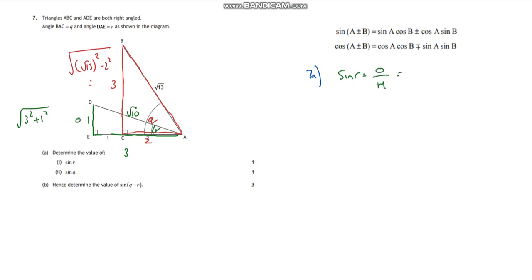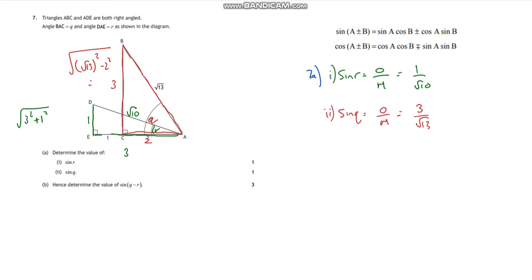So that opposite is 1, and the hypotenuse is root 10. So 1 over root 10, and that's you. For Q, I'll do it in red. So that sine of Q, again, is opposite over hypotenuse. So your opposite for that is 3, and your hypotenuse is root 13. So, 2 very nice marks, I think.